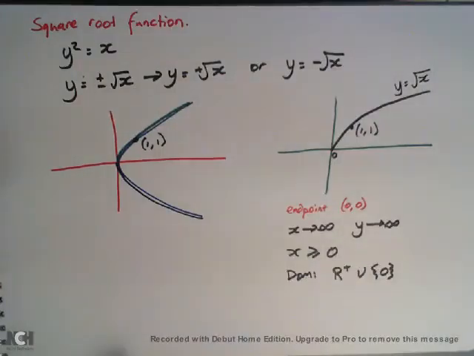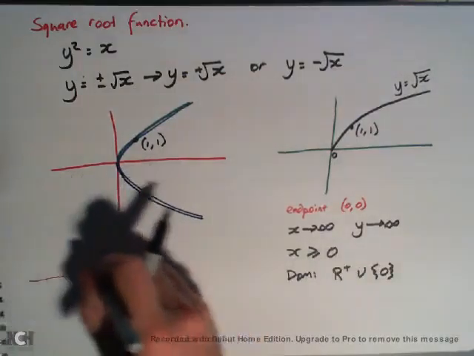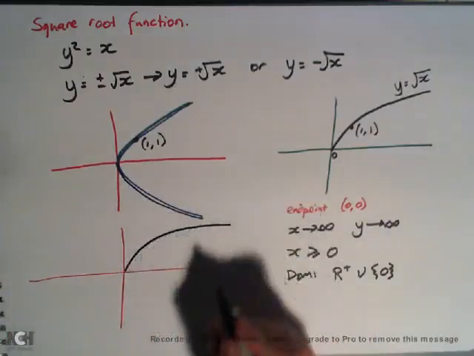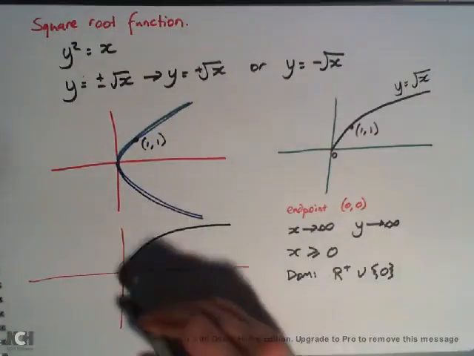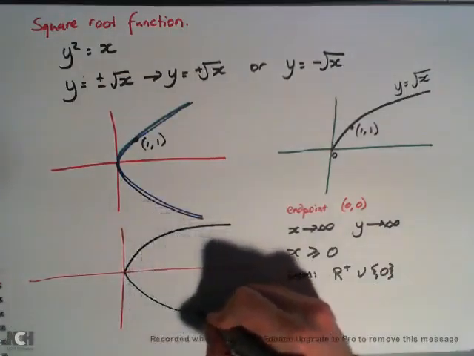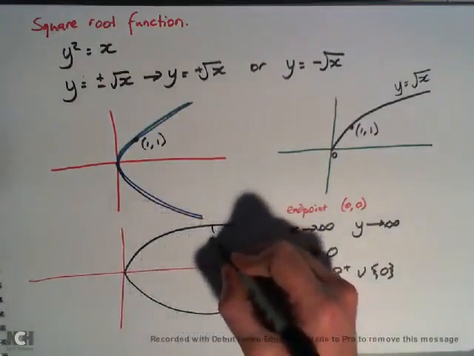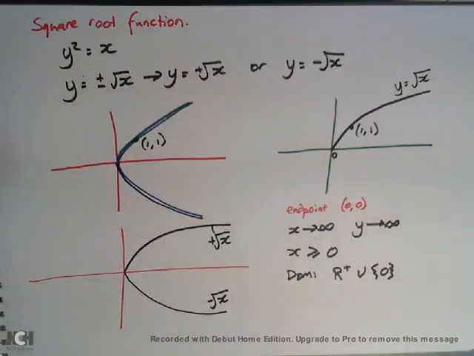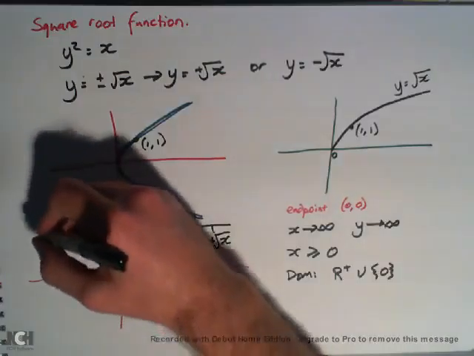Just a couple of variations. Okay, so if that's the positive square root of x, this is going to be the negative square root of x. So you've got positive and negative. This one's different.